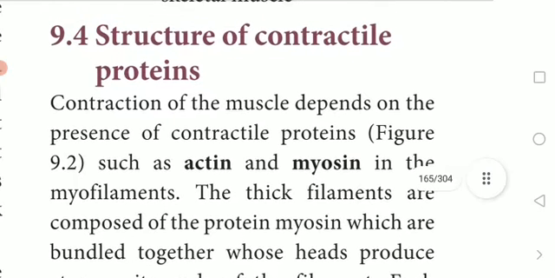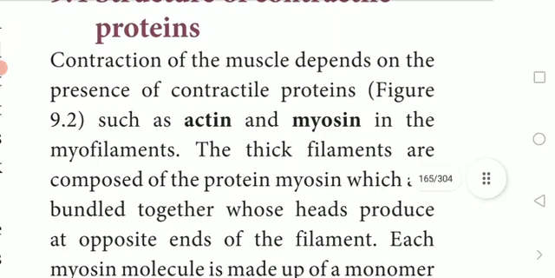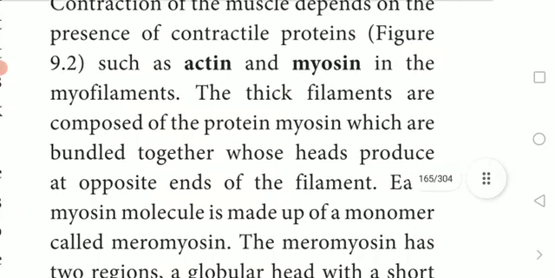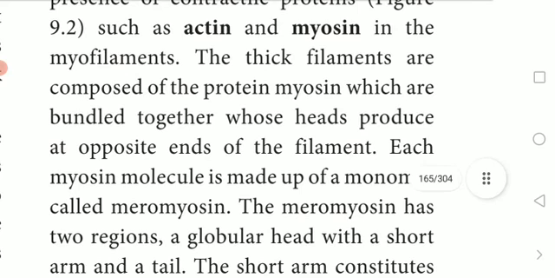The contraction of muscle depends on the presence of contractile proteins. Such proteins we call actin and myosin in the myofilaments. The thick filaments are composed of the protein myosin, which are bundled together, whose ends project at opposite ends of the filaments.